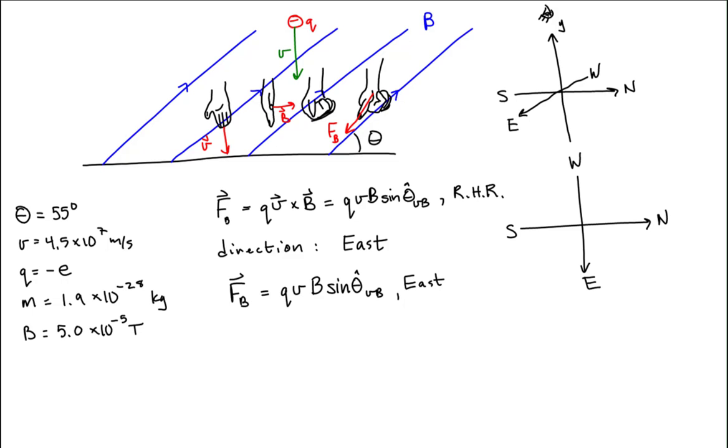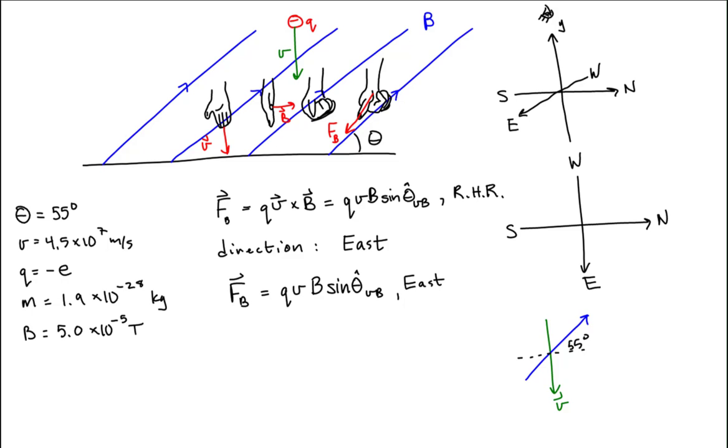So another thing we need to do before we plug in our values is to determine the angle between the charge's velocity and the magnetic field. So let's look at that. The charge is moving straight down. The magnetic field is at an angle of 55 degrees above horizontal.